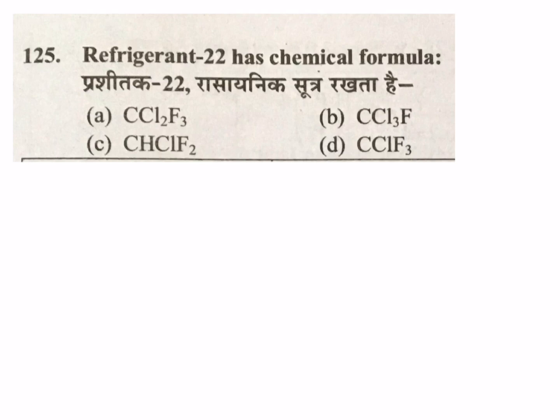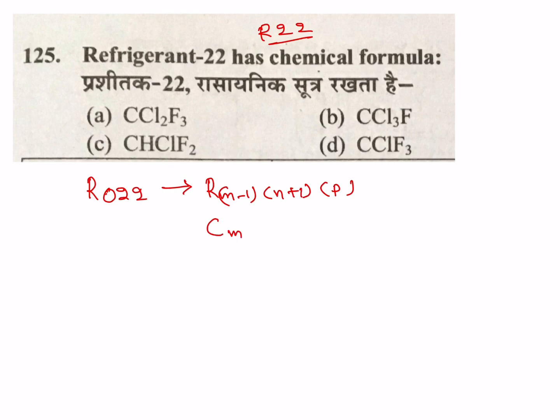Refrigerant 22 has chemical formula. So R22, this one: R0 22, written as R (m minus 1)(n plus 1)(p). This represents carbon m, hydrogen n, then fluorine p, chlorine q.